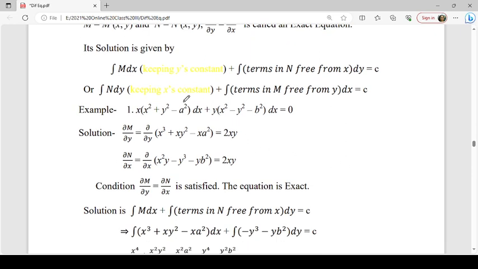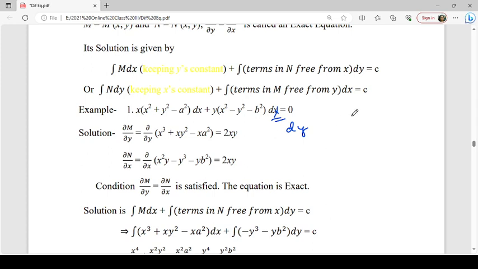The dx coefficient is M, so this is M dx and this is dy.